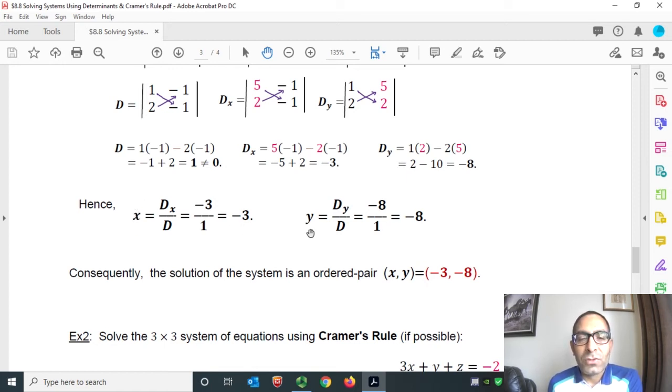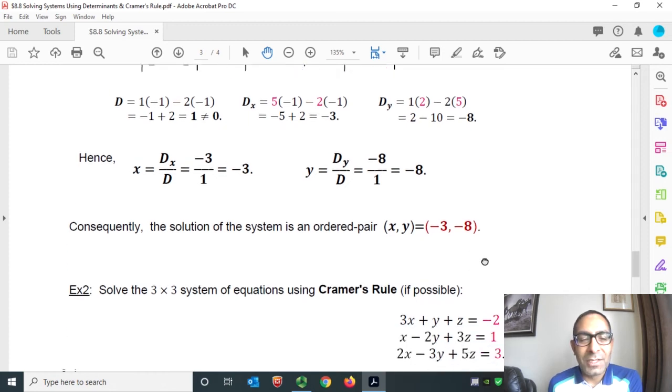Similarly, y equals the ratio Dy over D. We found Dy equals negative 8 and D equals 1, so negative 8 over 1 equals negative 8, hence y equals negative 8. Consequently, the solution of the system is the ordered pair (x, y) equals (negative 3, negative 8). Great. I hope this computation makes sense to you all.